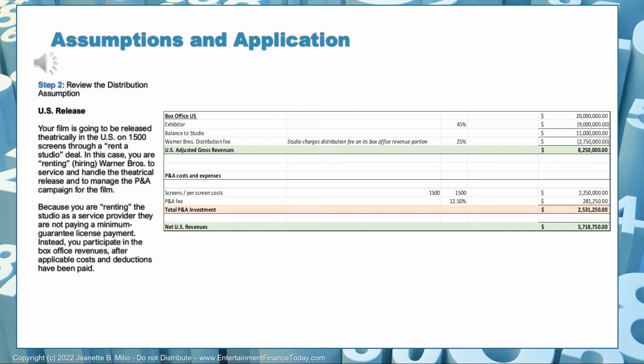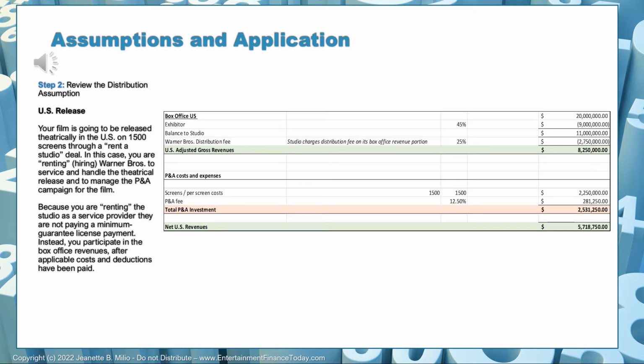So we are left with 8,250,000, from which we then have to deduct all our P&A costs and expenses, because this is a rented studio deal. We rent Warner Brothers to release the film for us, so we have to raise the P&A investment ourselves to pay for the release campaign.